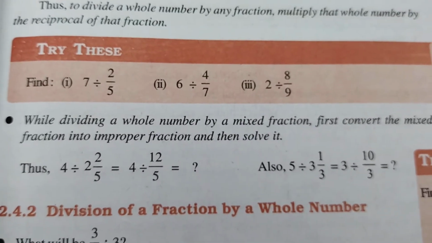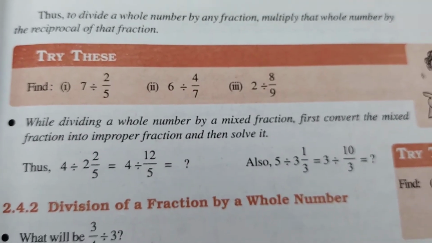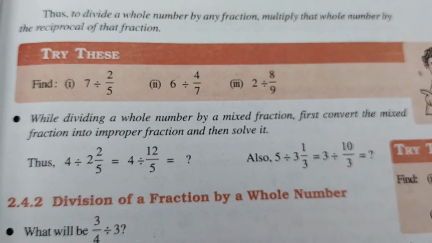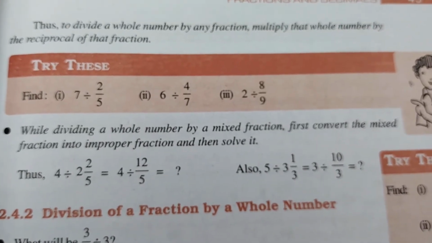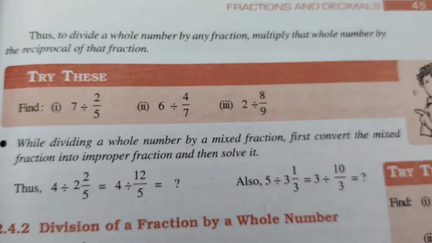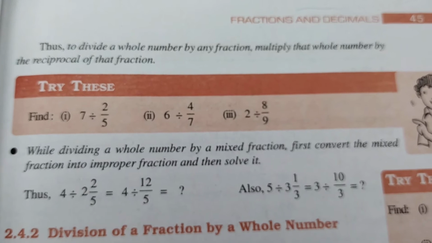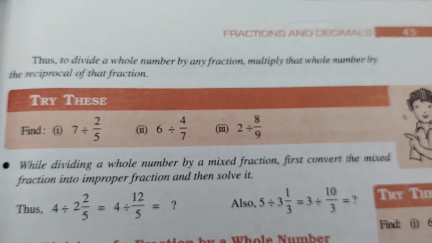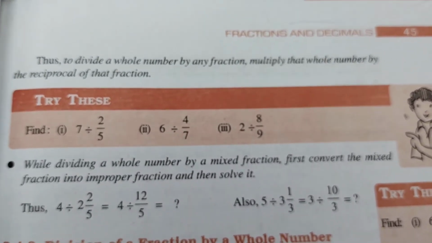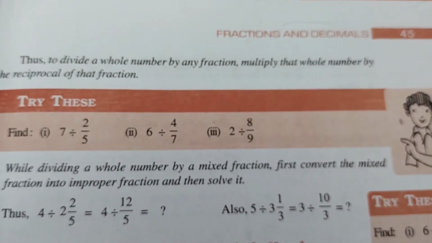While dividing a whole number by a mixed fraction, first convert the mixed fraction into an improper fraction and then solve it. So first we are discussing how to divide a whole number by a fraction. It may be proper, improper, or a mixed number.